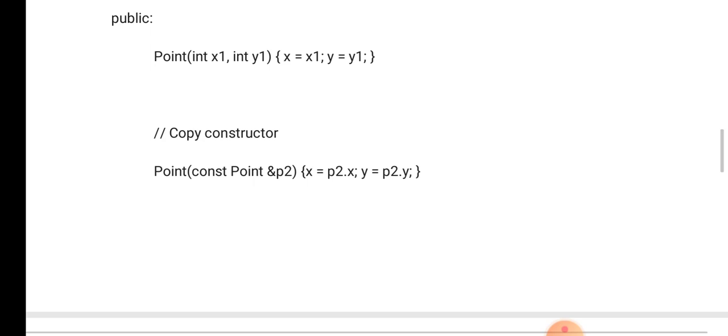Here you can see x equals p2.x, y equals p2.y. That means when you create an object of Point using the copy constructor, the old object's values are copied into the new object's data properties.